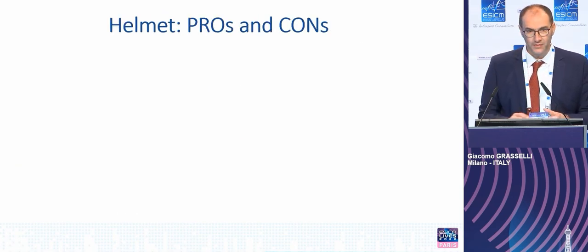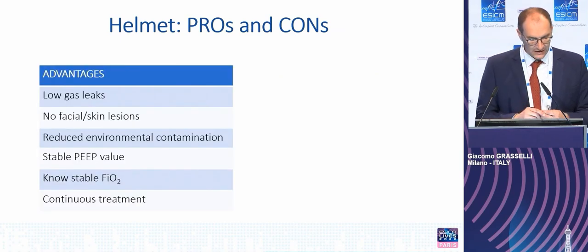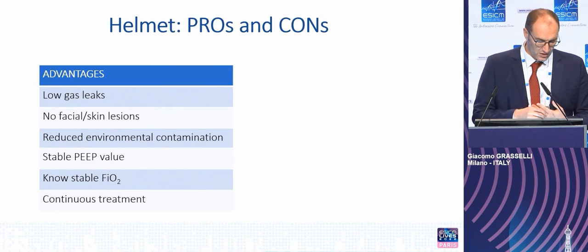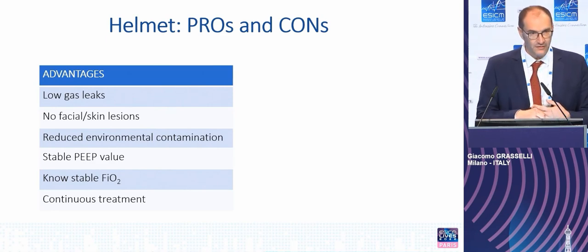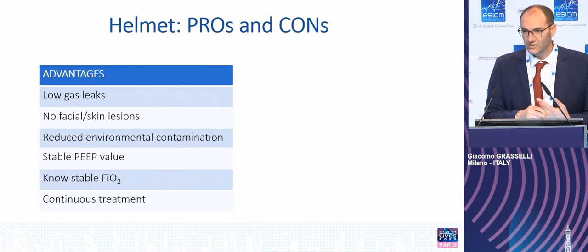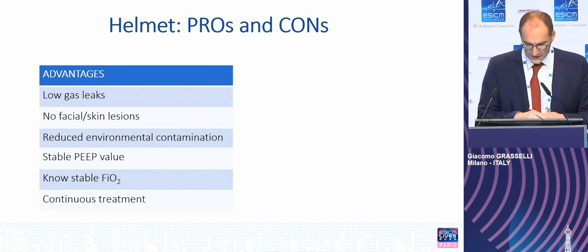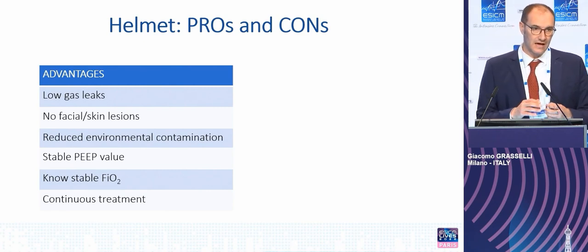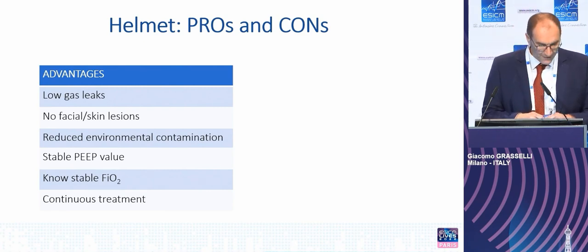So, which are the pros and cons of the helmet? The advantages are listed here. Low gas leaks, a lower risk, I would say, not no risk, but lower risk of skin lesions. Of course, in a pandemic situation, a lower risk of environmental contamination. The helmet grants stable and probably higher PEEP values.